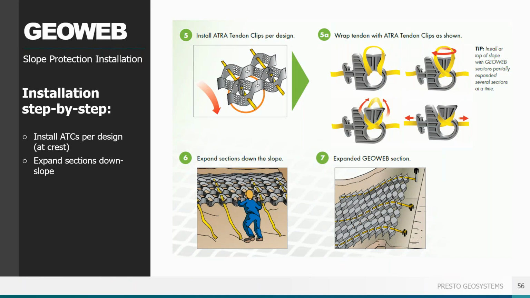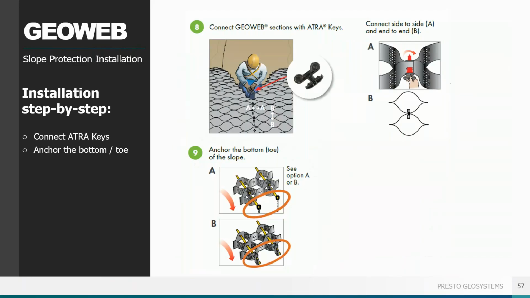Install the ATRA tendon clip load transfer devices as per design and at the crest of the slope, then expand your sections down slope. Connect sections side to side and end to end as possible on the crest and the remainder on slope.